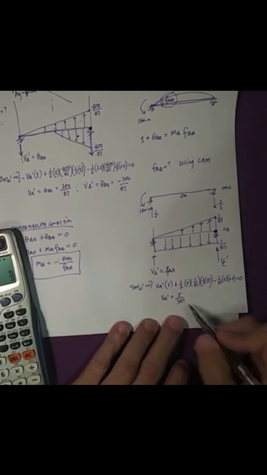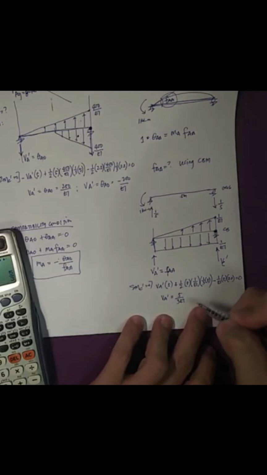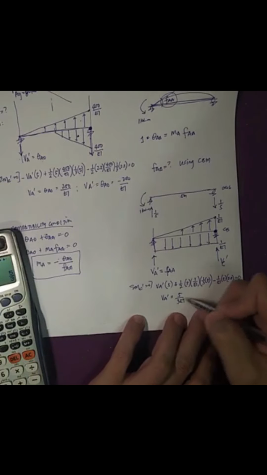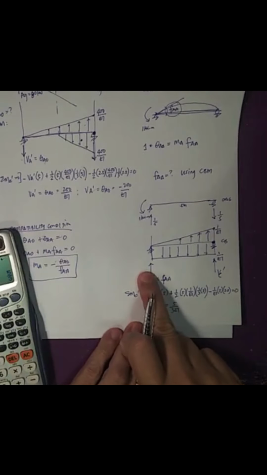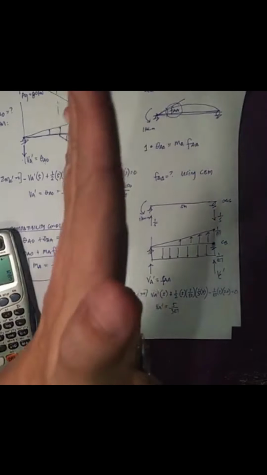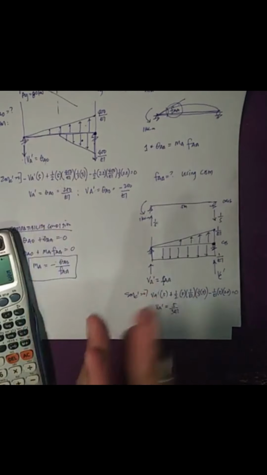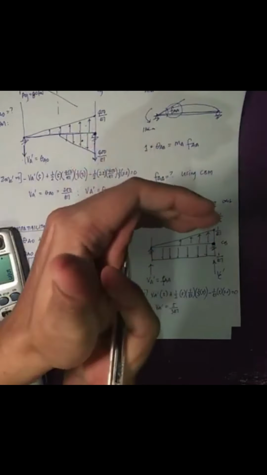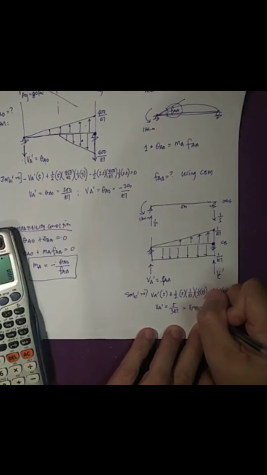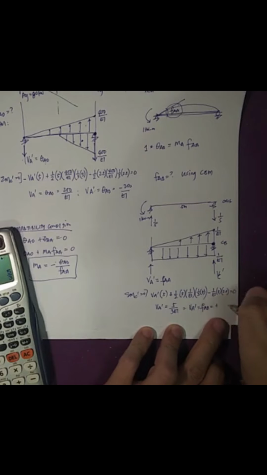Now what would be the true sign of the shear at A? As you can see, this is positive. That means my assumed direction, upward, is correct. So this is on the left segment, upward, so the true direction of shear is clockwise.